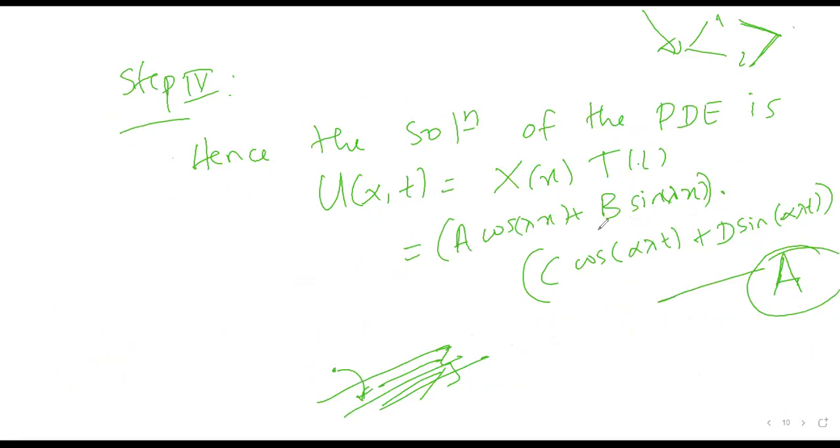A is already found to be 0. So if I want to get the non-trivial solution, I should safeguard the B. I need to have B not equal to 0 in any case. Even though A is equal to 0, I should have B not equal to 0. So if B is equal to 0, I should have A not equal to 0.